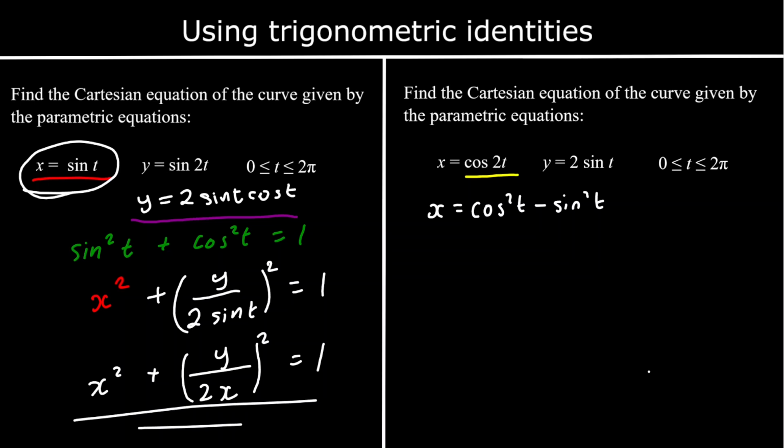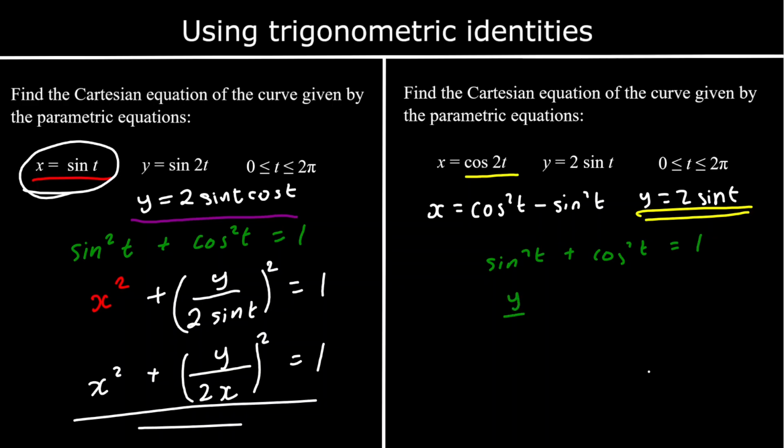I'm going to start with this, y equals 2 sine t, and I'll go to our identity, which is sine squared t plus cos squared t equals 1. So I can change sine t into y over 2 from y equals 2 sine t.